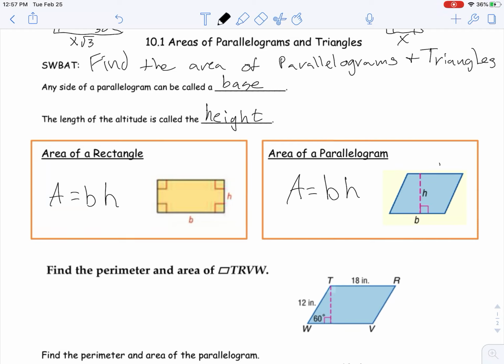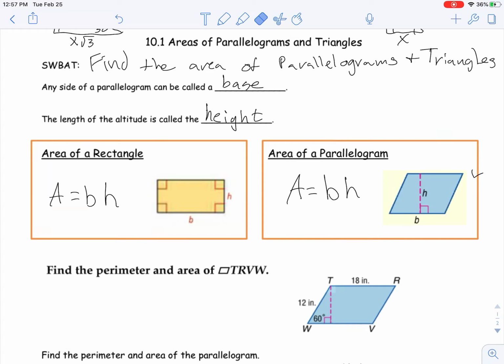If you were to take this picture here, the one that's on your screen, or on the smartboard, and take a scissors and actually cut it down this dotted line, and take this piece and shift it over to this side, here's a couple things that would happen. First of all, this side would match up perfectly with this side because not only are they parallel, but they're congruent. We've talked about that with parallelograms before.